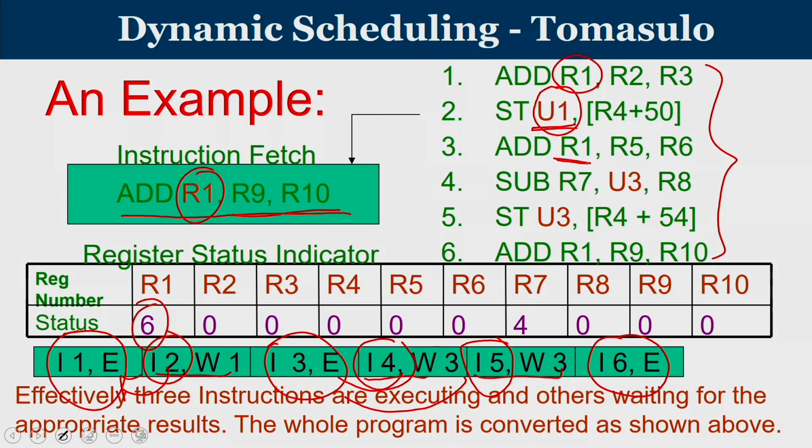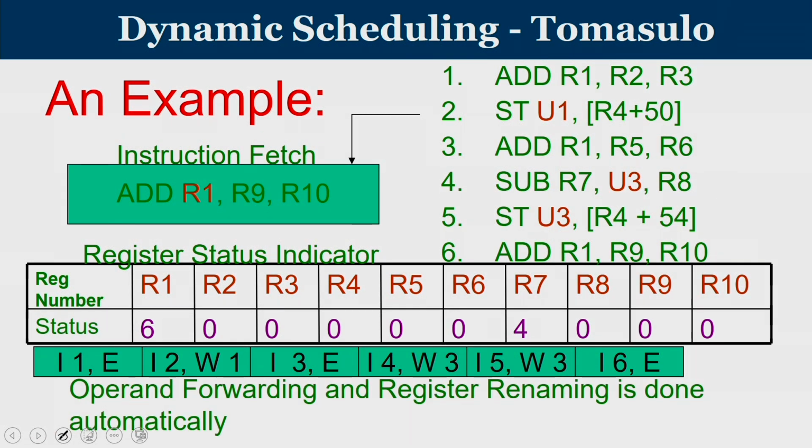Here also you are going to produce a result to R1, but whatever result is produced by unit number 3 acts as an operand for the fourth instruction as well as the fifth instruction. So, operand forwarding has automatically happened. This is operand forwarding, and this is also operand forwarding. You are going to forward the result through some functional unit, and register renaming also happened.